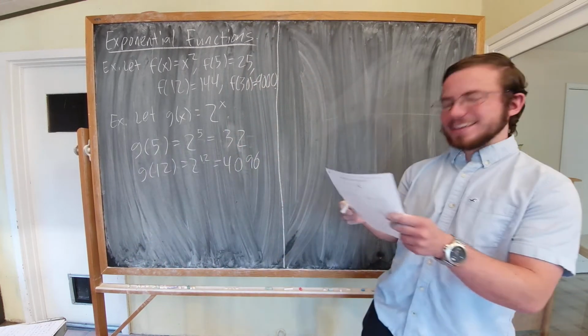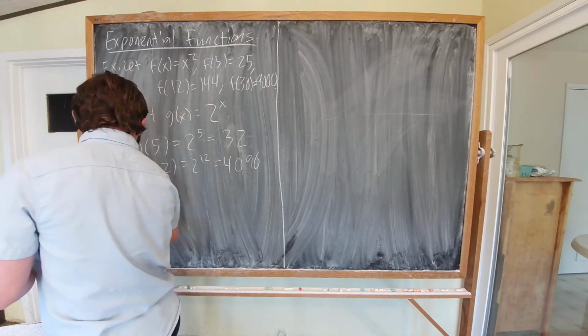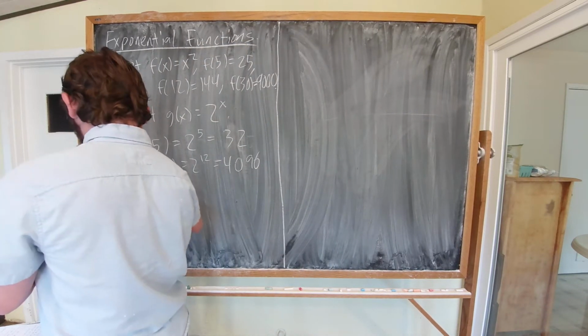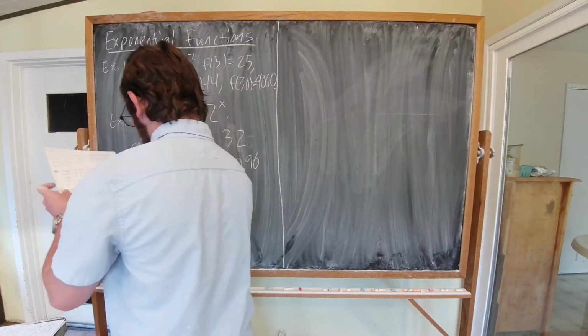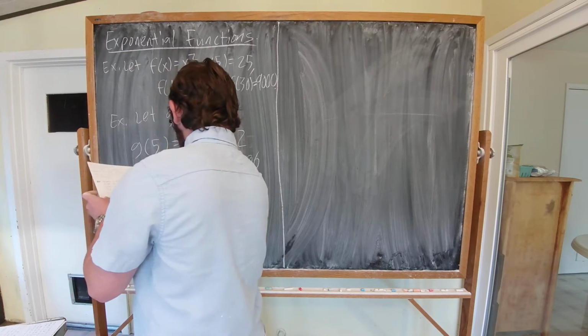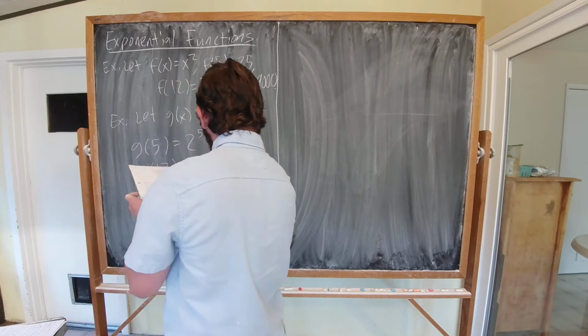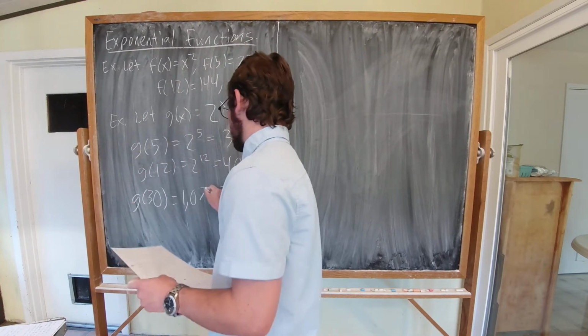Cool. My math's bad. All right. And then finally, g of 30 is, let's see here, making sure I get this right. 1, 2, 3, 4, 5, 6, 7, 9. 1,741,824.